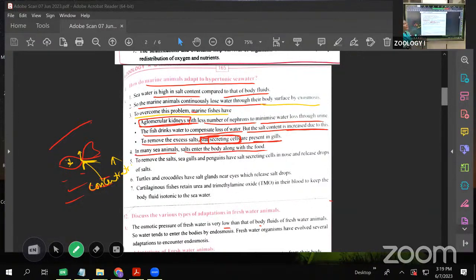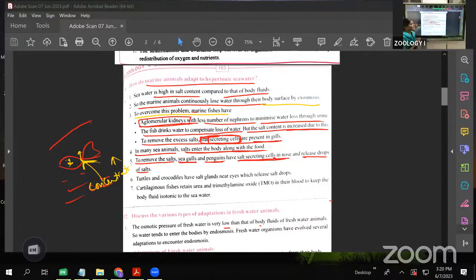To remove that salt, seagulls and penguins have salt secreting cells in the nose.